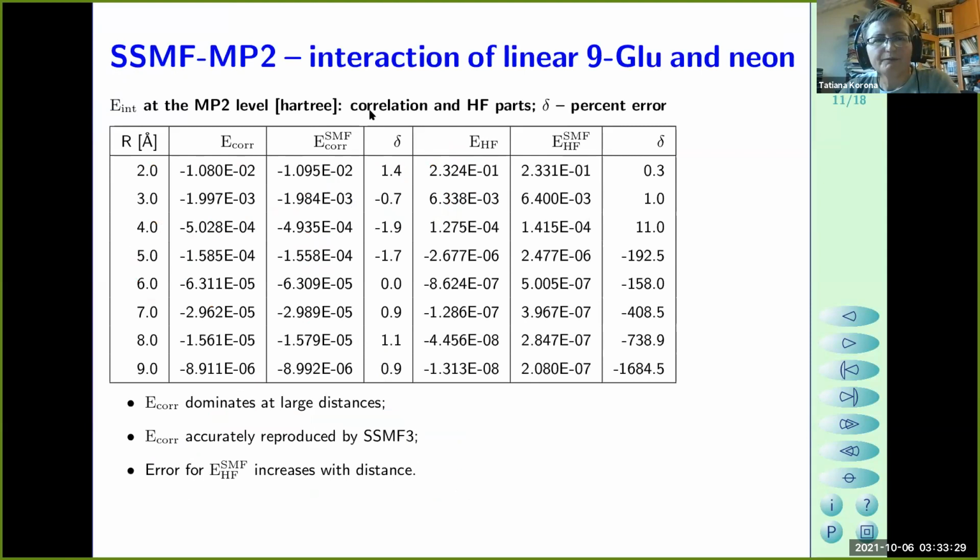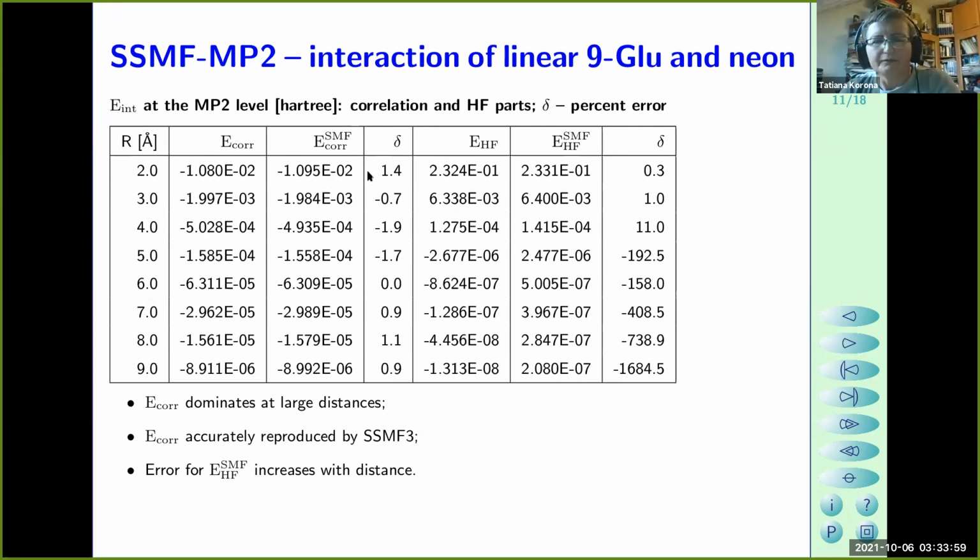So first we make the calculation on the MP2 level, and for this 9-glutamine and neon, here we have the correlation energy. Actually, the correlation energy part of the interaction energy calculated without SMF approximation and with SMF approximation.